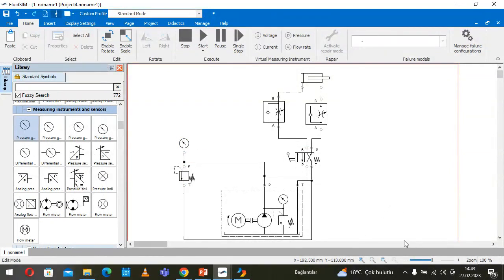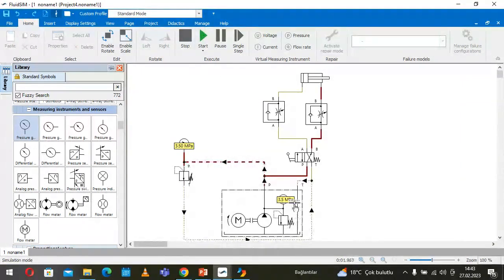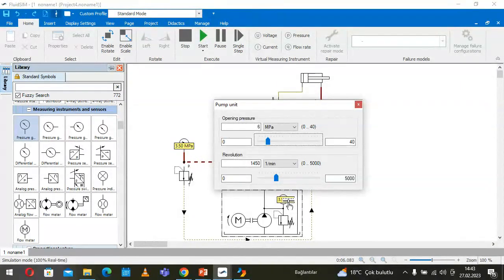Now let's drive the system and see the pressure relation. So here we have 3.5. Let's see what that is. So this is 40 bar and 6 bar. Let's say we use 30 bar, 30 megapascal.